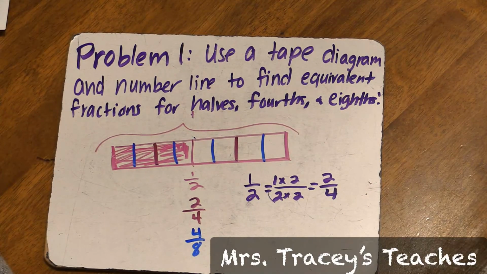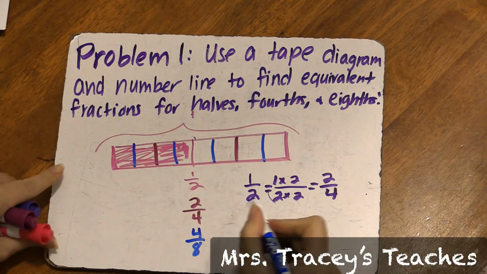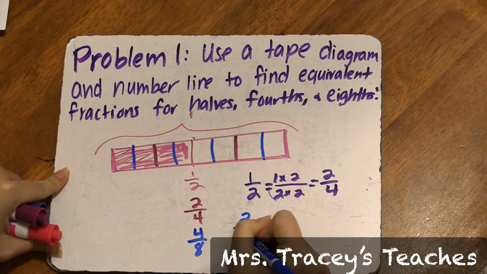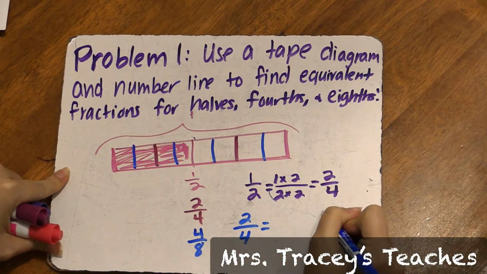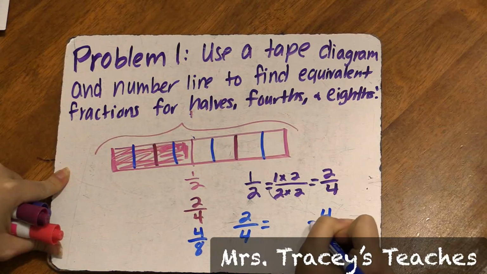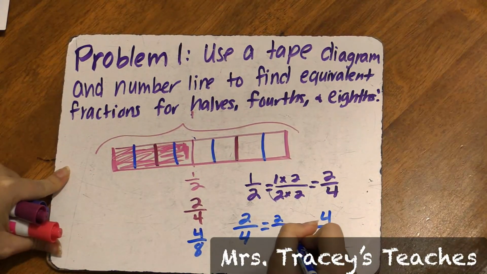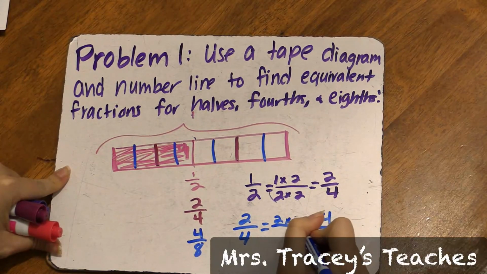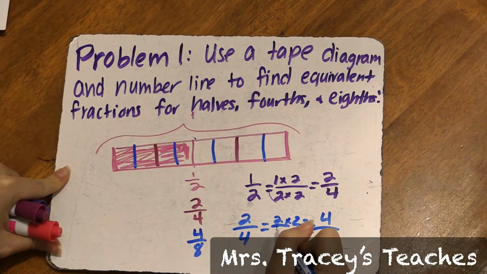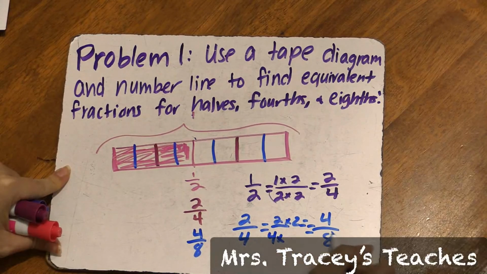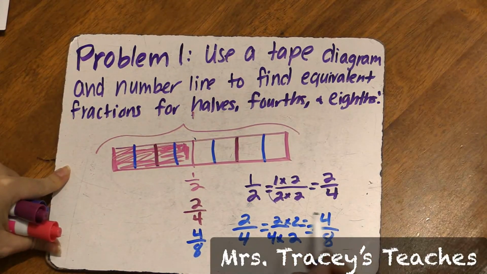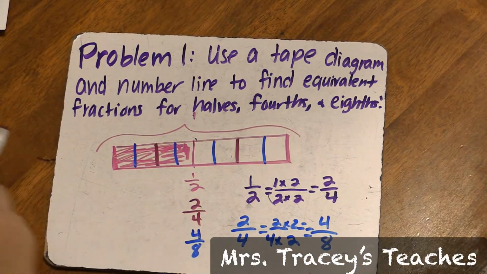And we are going to write a multiplication problem to show that 2 fourths is now equal to 4 eighths. So 2 times what equals 4? Good, 2. And then I bring the 4 over. 4 times what equals 8? 2. Good, so this shows that 2 fourths is equal to 4 eighths.